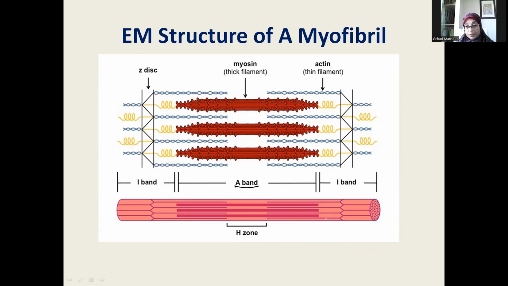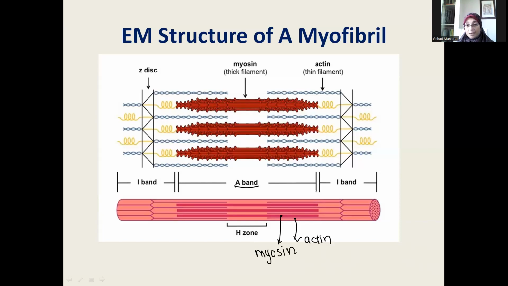The first type is the thin filaments, these ones, and the ones alternating with them are thick filaments. So here you have the myosin filaments, and here you have the actin filaments.